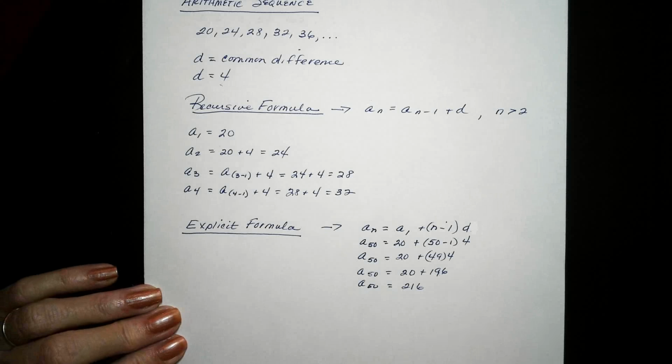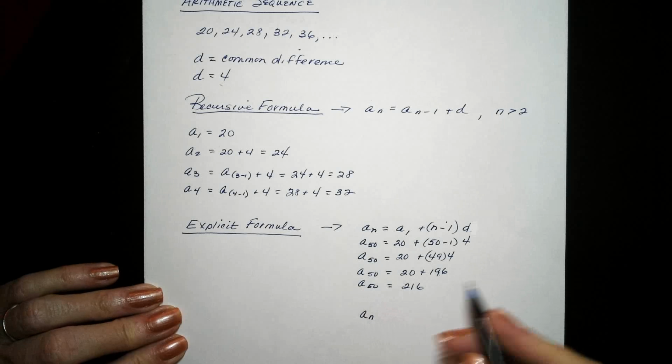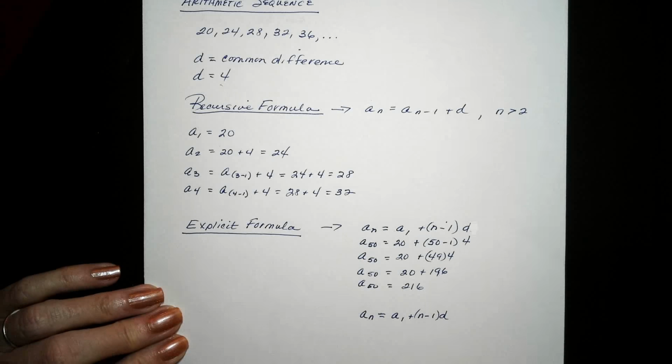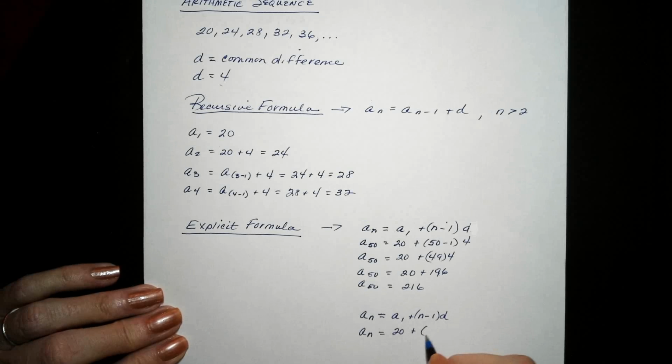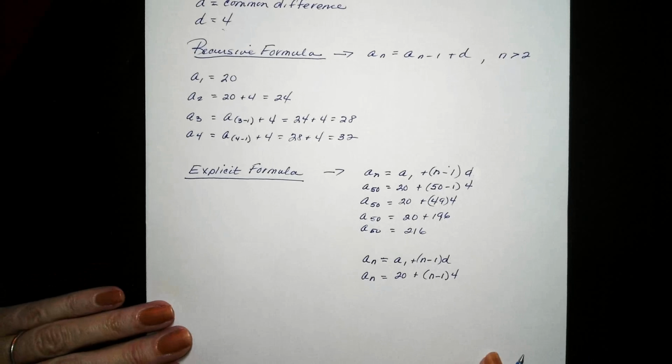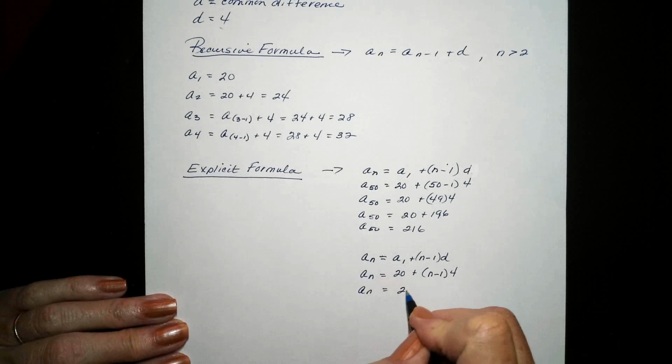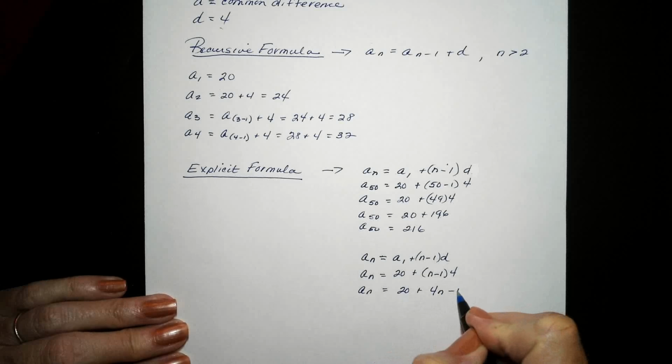I could also turn this into a generic formula by saying I'm just looking for a_n. Well, a_n equals a1 plus (n minus 1) times d. Okay, so a_n is still going to be my first term of 20 plus (n minus 1) times 4 now. I'm going to distribute the 4, so a_n equals 20 plus 4n minus 4.